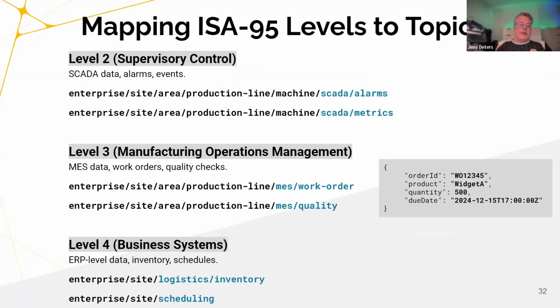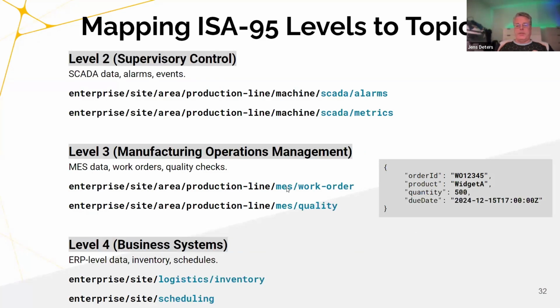Next level is level 2, the SCADA systems, the alarms, and the event systems, also represented by a SCADA topic level with alarms and metrics. MES data can be introduced on a higher level for a specific production line, for instance.